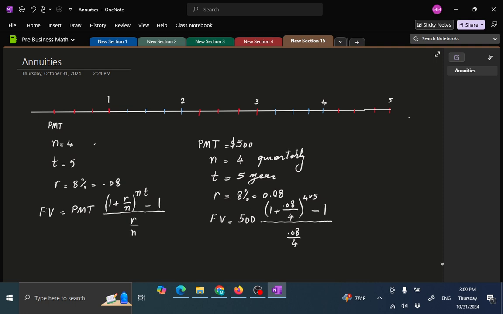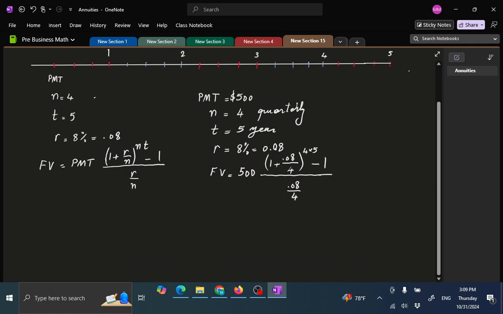You might want to calculate this little by little and make sure everything is correct to as many decimal places as your calculator shows, and then do the final calculation. So this becomes 1.02 to the power of 20 minus 1, divided by this parenthesis again, which is, excuse me, 0.02.